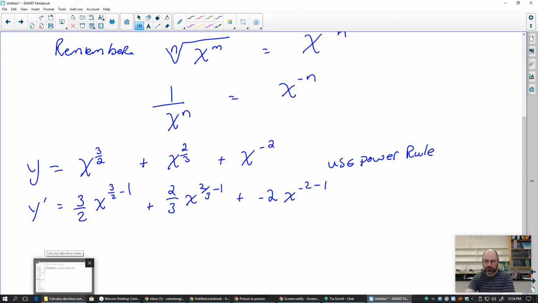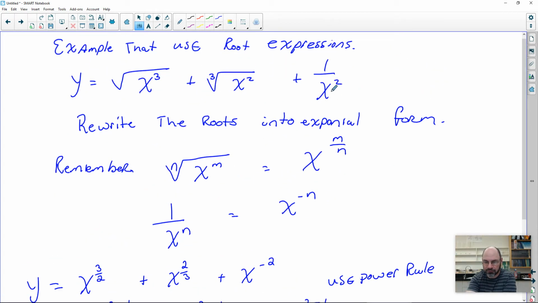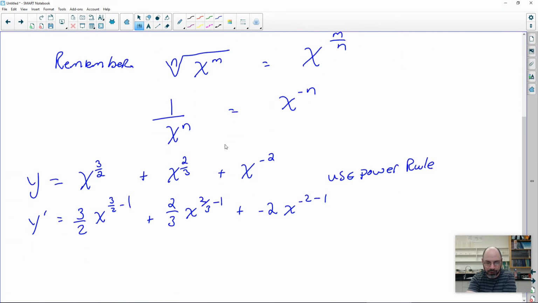Okay, so that's the whole thing there. Just making sure that we are using the right expression here. Yep. Okay, we've got it rewritten.